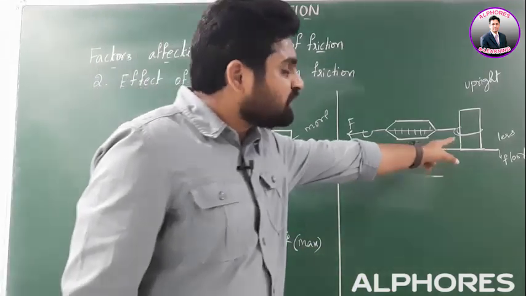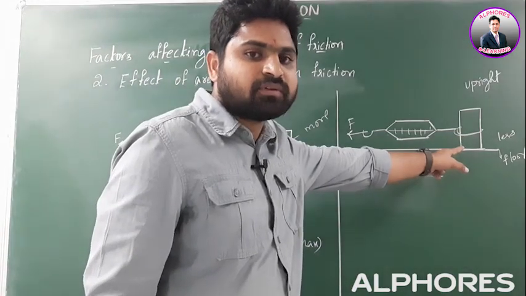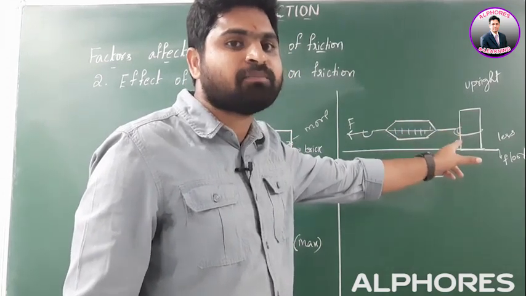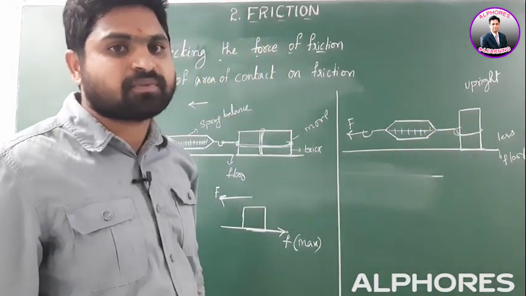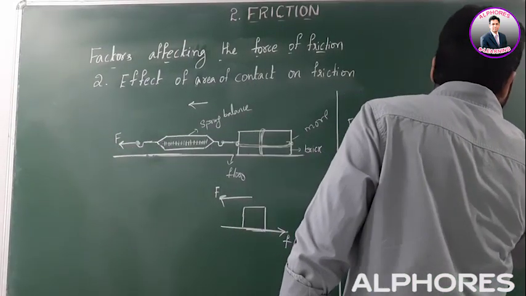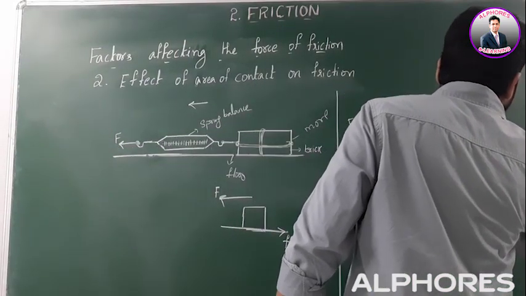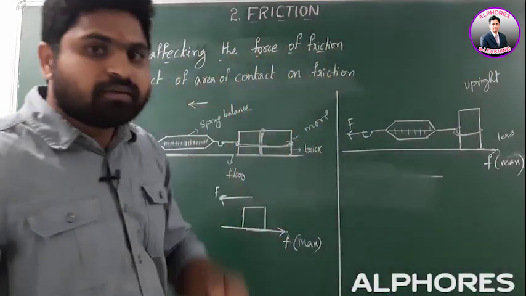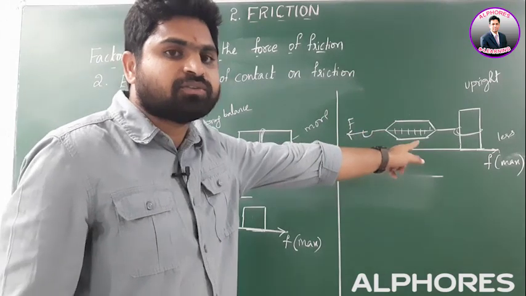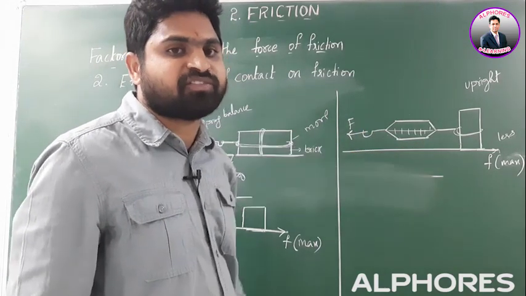When the brick is ready to move, the applied force is equal to the maximum limit of friction. Here also we got the maximum limit of the friction, F.